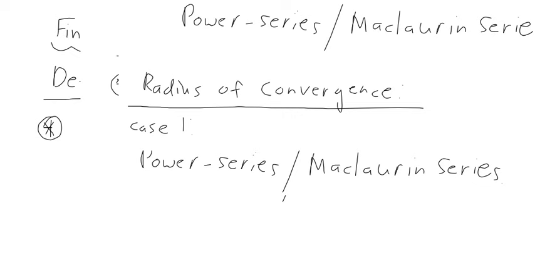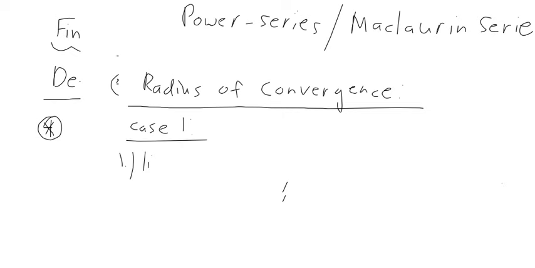So case one is, you're supposed to always take the limit as n approaches infinity of the inverse of the ratio test. So in this case, it will be the absolute value of some sequence a subscript n plus 1 all over a subscript n.